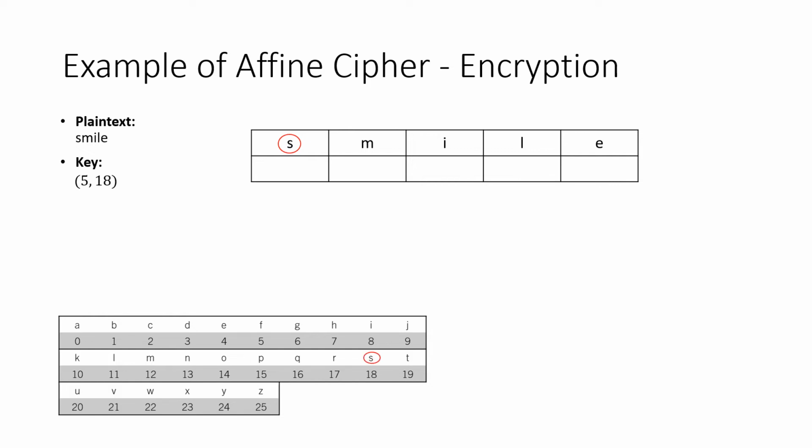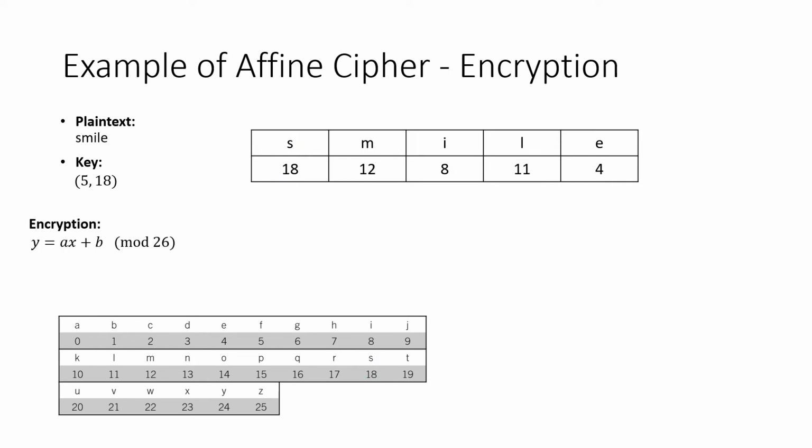We find letter S, and we see it corresponds to number 18. We record number 18 in our table, and we do the same for the remaining values. M corresponds to number 12, I corresponds to 8, L 11, E 4, and so on and so forth.